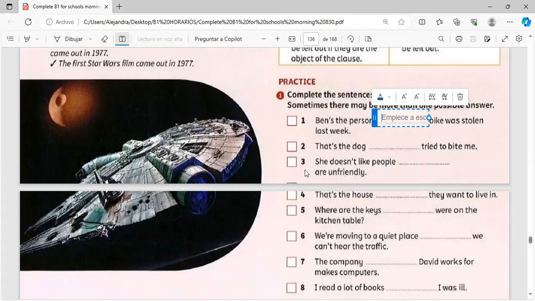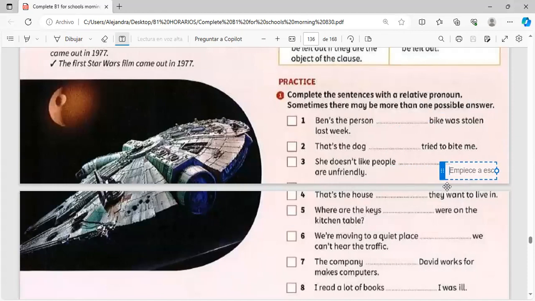And if we talk about something that belongs to a person, which word do we use? Ben is the person. Bike was stolen last week. The bike belongs to Ben. So which word can we use?